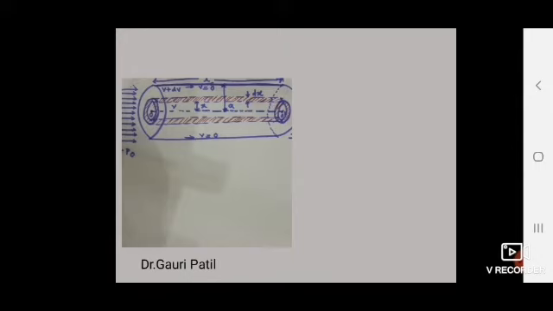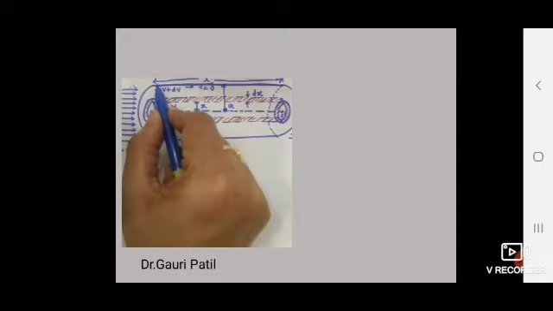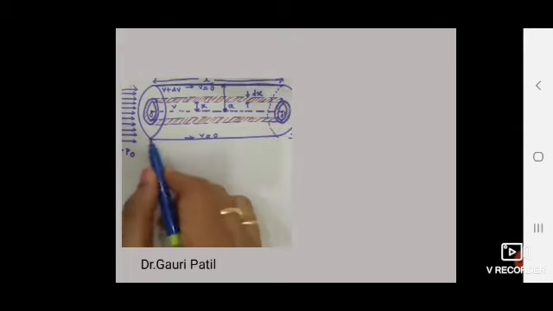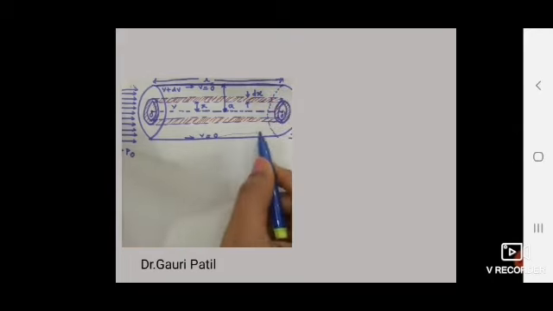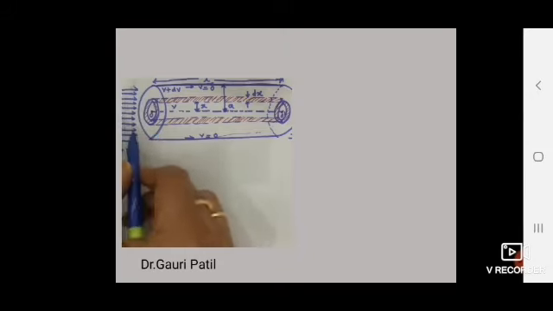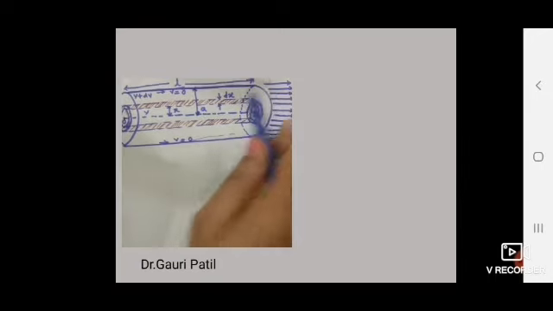Dear students, this is the liquid. Consider a liquid flowing slowly and steadily through this horizontal capillary tube. This is the inlet of the capillary tube, and this is the outlet.